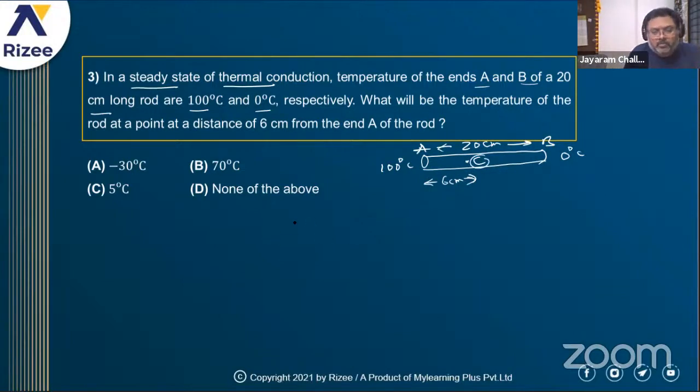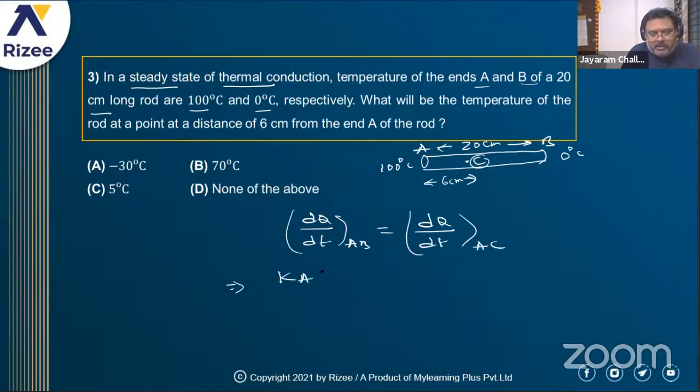Since it is in series combination, the rate of heat flow under steady state, dQ/dt along the total length AB, should be equal to dQ/dt along the length AC. Now substitute the values. This is K area. Change in temperature from A to B can be written as 100 minus 0 by the length, 20 centimeters.